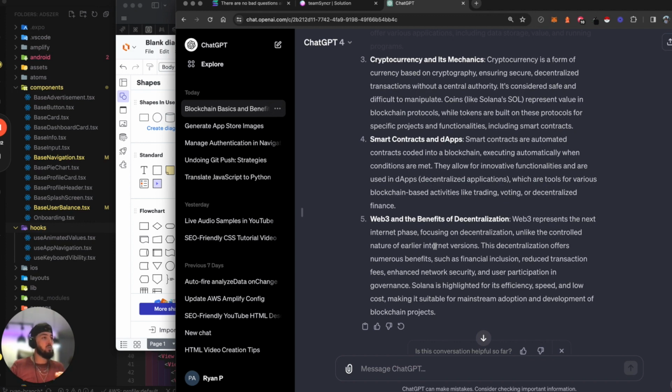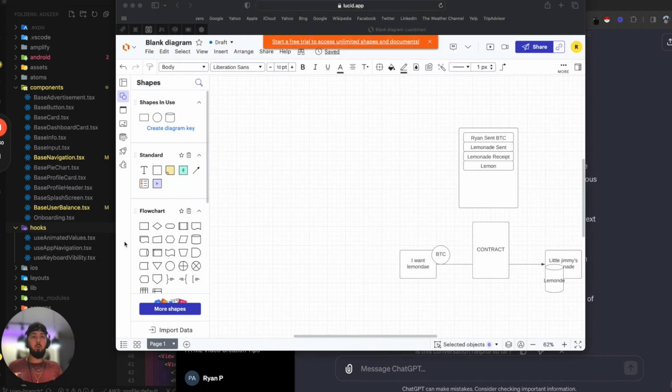Solana is highlighted for its efficiency, speed, and low cost, making it suitable for mainstream adoption and development of blockchain projects. We might use Solana. We might use Ethereum. I'm not sure on the decision yet. I think Solana and Rust would be a really interesting build. So this is roughly why Web3 became such a popular, pivotal technology.